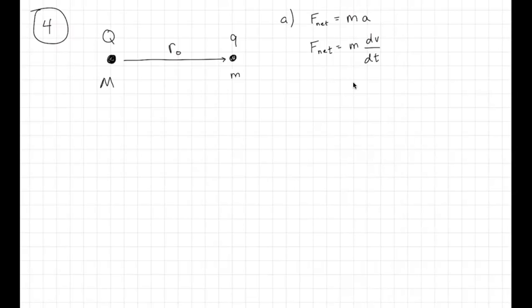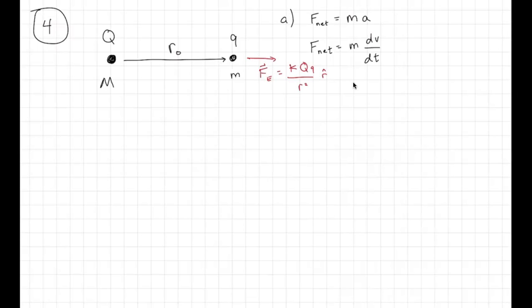It's going to be really hard in this case, because if you think about the net force on this charge, the net force looks like the electric force, which is something like kqQ over r squared r hat. So really what I need to do is to put that into a differential equation, which is going to be ugly to solve.